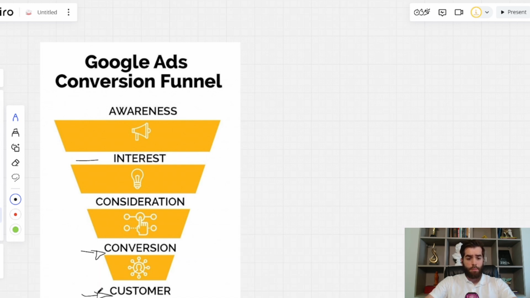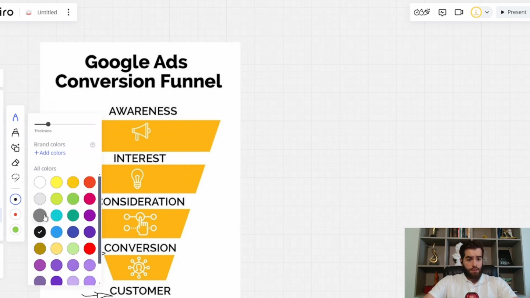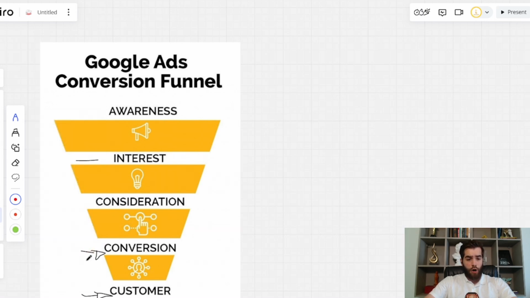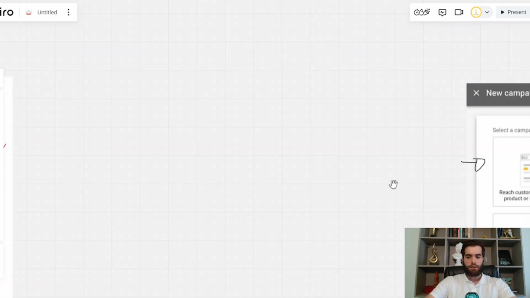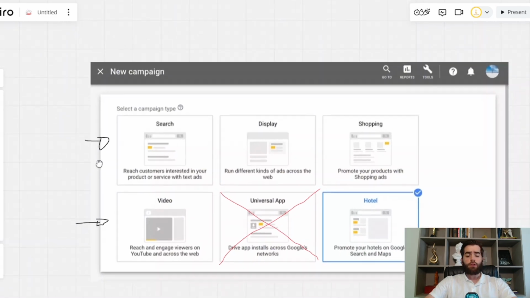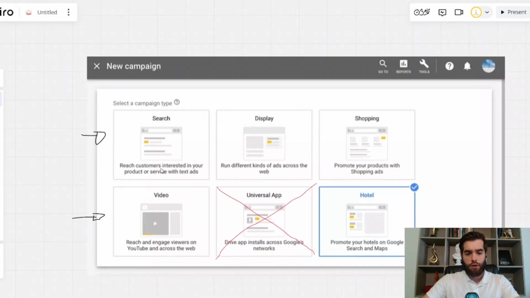So if you're a beginner, you're going to focus on campaigns for the goal of getting more conversions. I mean, to get more customers. You just have to disregard these steps of the funnel, because it doesn't make sense for you, since the potential customer that you reach using search and video campaigns, for example, is so qualified that you can already use them to get more conversions.